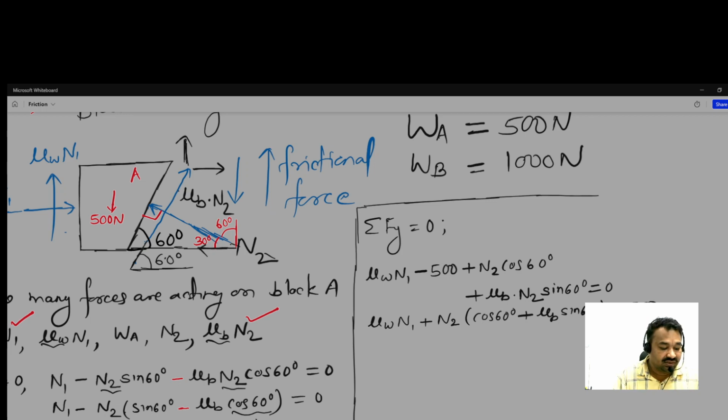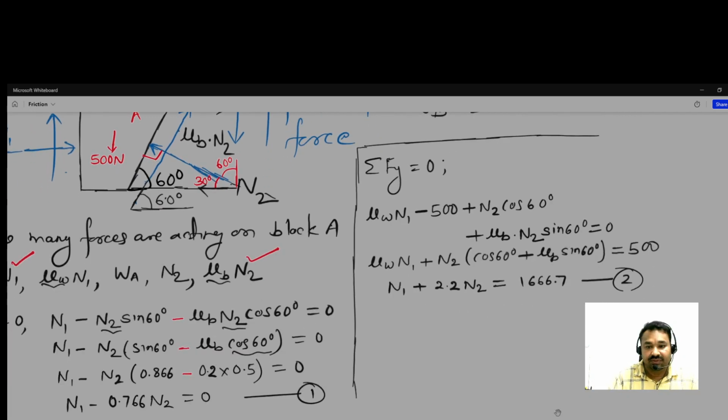By simplifying this, we get N1 plus 2.2 N2 is equal to 166.7. So this is our equation number 2.